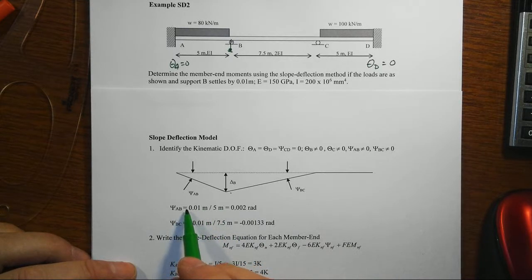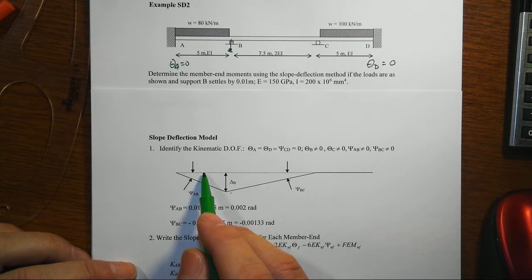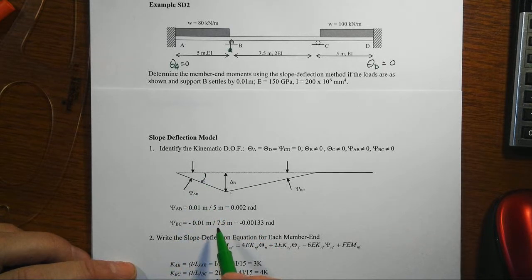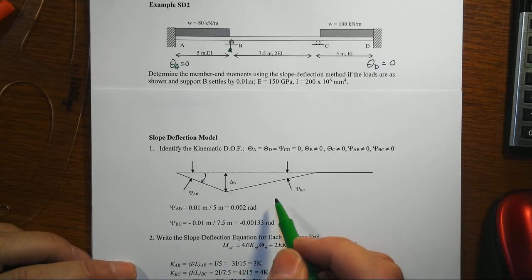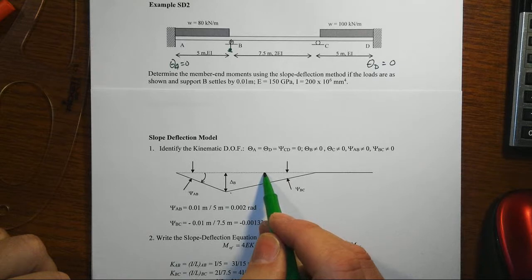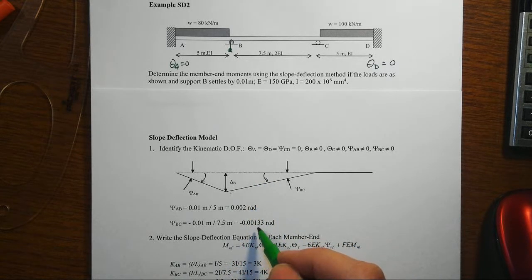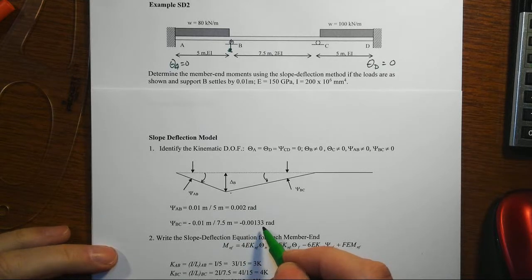So support B moves downwards by 0.01 meters over that 5 meter length, and because that is a clockwise rotation, that would be a positive chord rotation value, as opposed to what happens on the other span. That's counterclockwise, so that's a negative rotation with the sign convention that we're using.